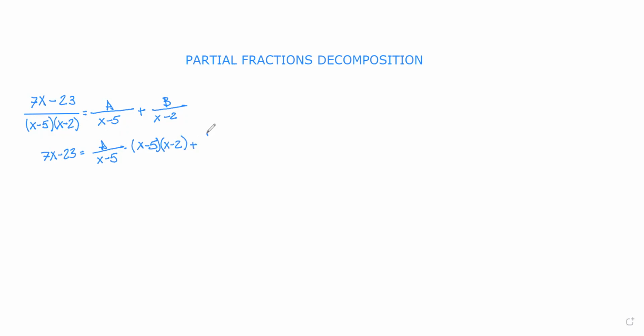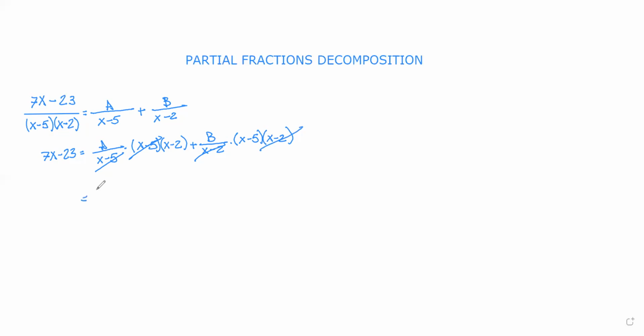Here we'll have B on top of x minus 2 multiplied by x minus 5 and x minus 2. So this gets canceled out by this, and here the same.